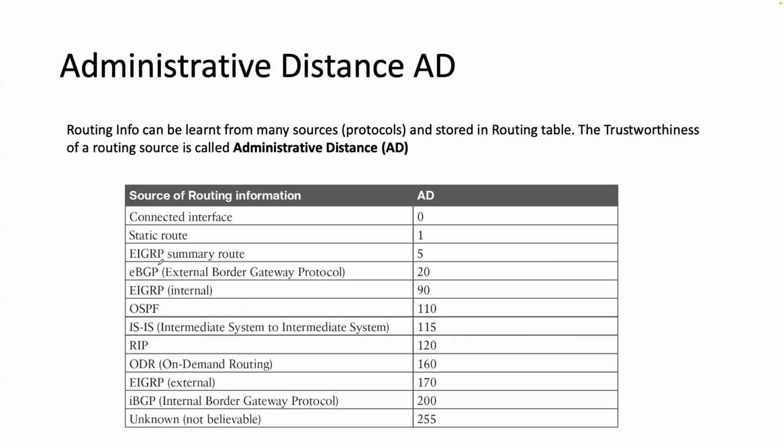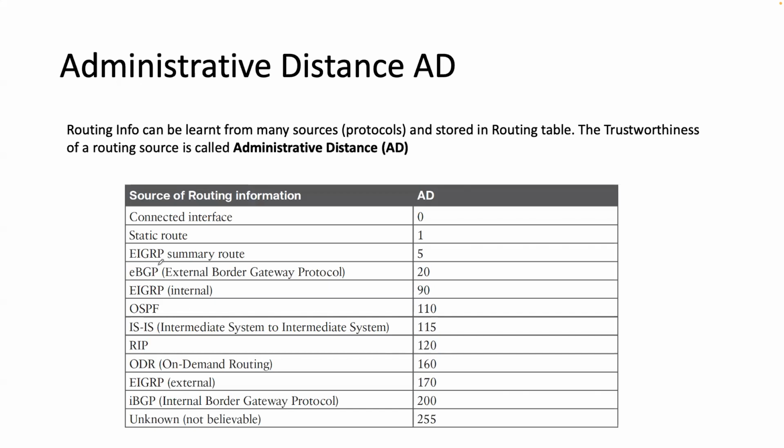Okay, let's move ahead. The next concept is administrative distance. The routing information that our router is storing in its routing table can be populated by multiple means, may it be static routing, or dynamic using any dynamic routing protocol, like EIGRP, BGP, OSPF, ISIS, and RIP.